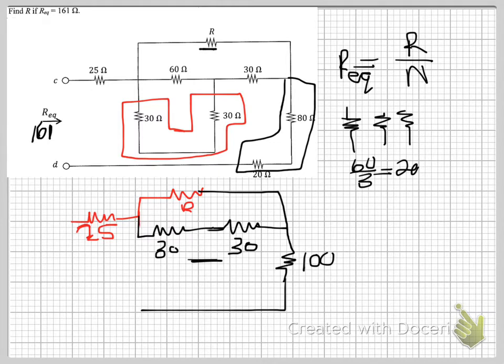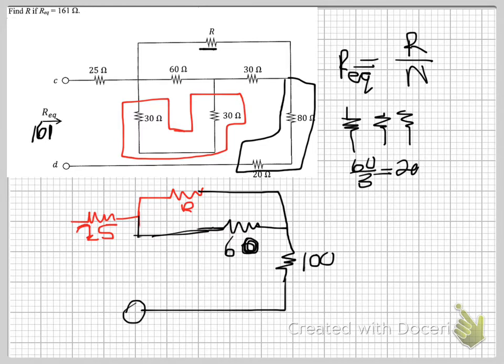So then this means that you can draw one resistor here of 60 ohms. And now this is the diagram that you're looking at. So now you've got your resistor R in parallel with the 60. This should be 60.